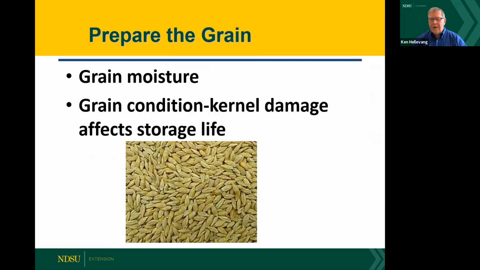So if we have grain that has kernel damage or has some other damage or stress to the grain, we can still store it, but likely we're going to be looking at a shorter storage life than if we have good quality undamaged grain. Grain moisture is so important. I'm going to focus several visuals and slides on that topic.